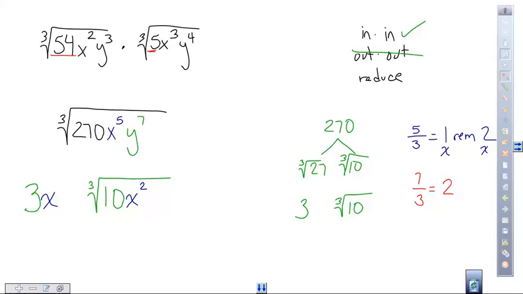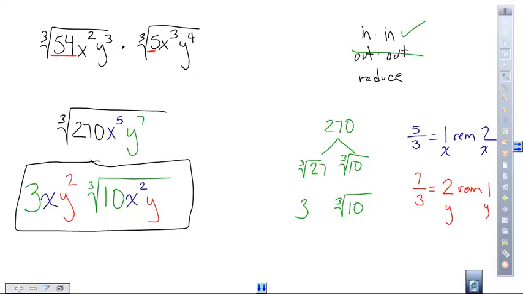So 7 divided by 3. 3 will go into 7 two times with a remainder of 1. So 2 y's come out and 1 y is left behind. So that gives me my final reduced multiplied answer, or my product there: 3x y squared on the cube root of 10x squared y for my final answer.